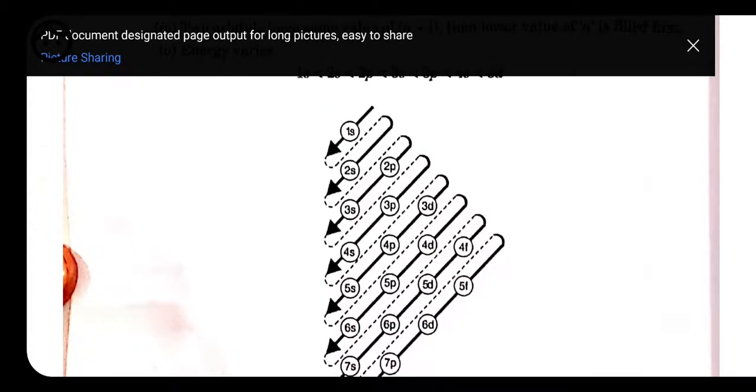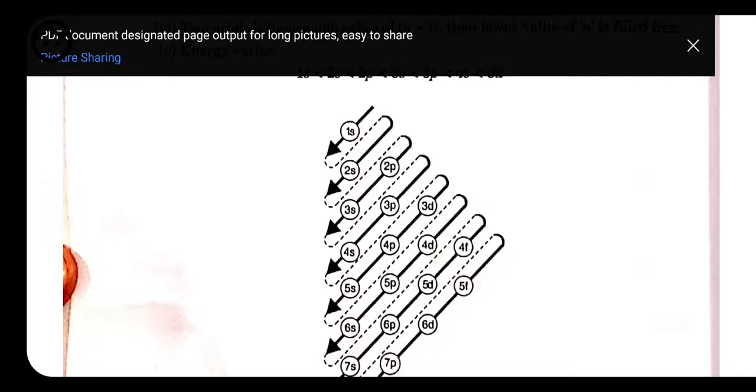First you have to fill 1s, then 2s, and then the arrow goes to the 2p side, then 3s, then 3p, then 4s, then 3d, 4p, 5s. You people have to memorize this, otherwise you are not going to understand electronic configuration.